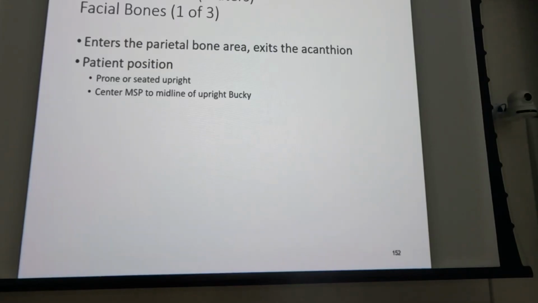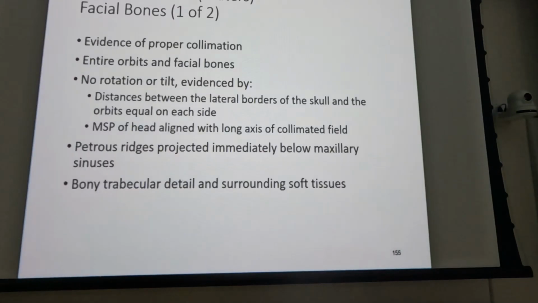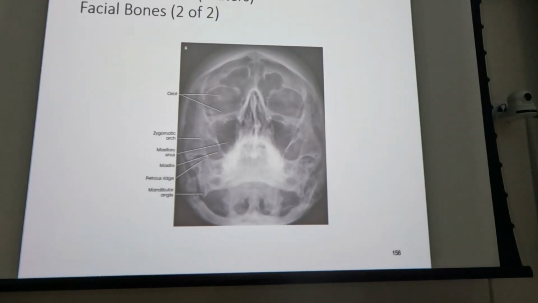Central ray to the OML, okay? So they change your point of reference in this. And the point of reference here now is the image receptor and the orbital meatal line, okay? So don't let that confuse you. If you look at the image, what you've got on the image is that you've dropped the petrous ridges down below the maxillary sinuses.